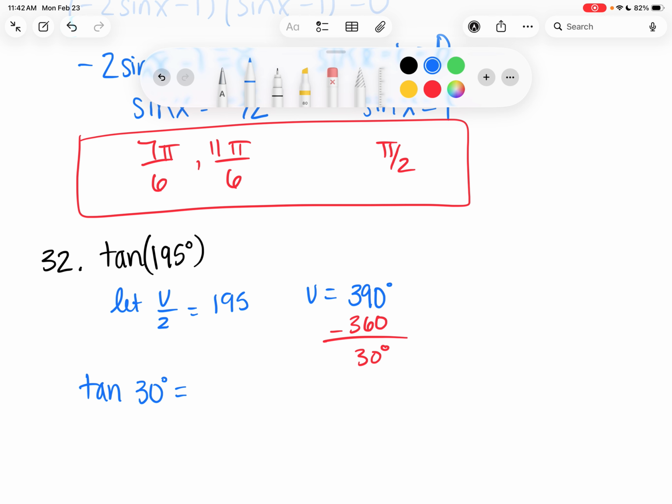Now, this isn't just go to the unit circle and write this value down, because it's not technically 30, obviously. We're going to use our half angle formulas.